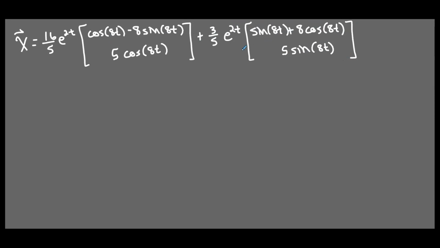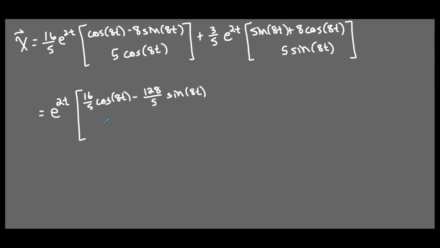Right, so this actually can simplify, right? We can write this as one big vector. So let's keep the e to the 2t factored out, but I want to multiply the constants inside. I want to add these together. So here I've got 16/5 cosine 8t, and then 8 times 16 over 5, that turns out to be 128 over 5 sine 8t.